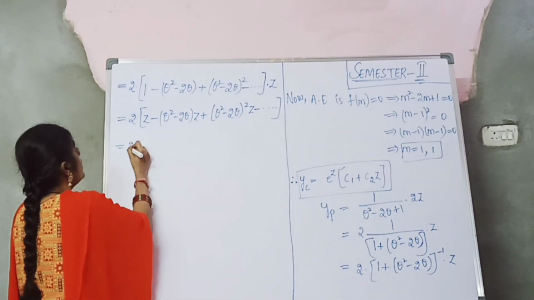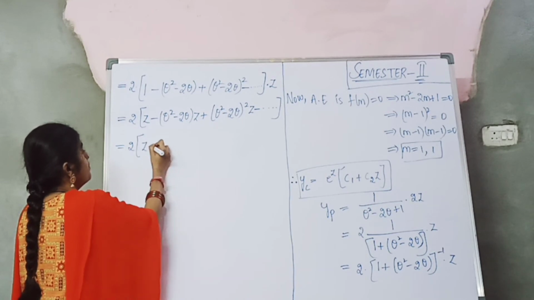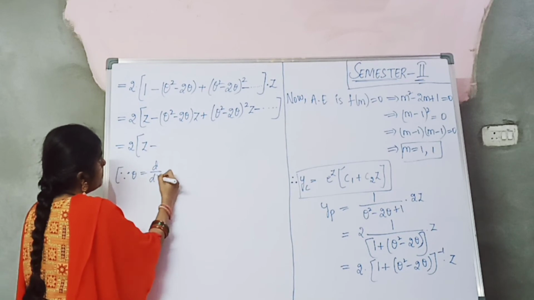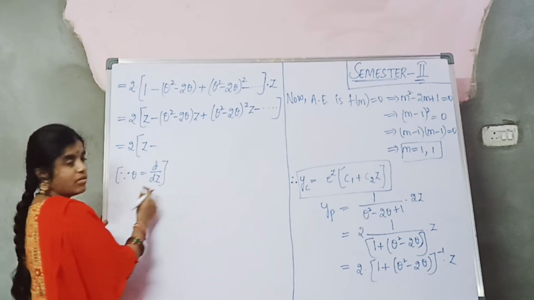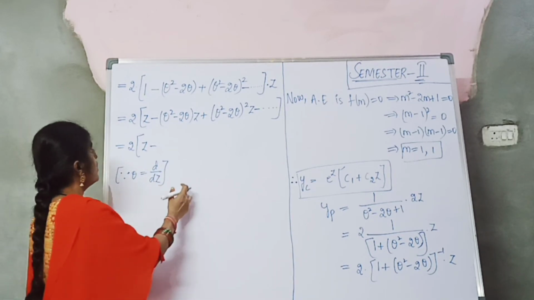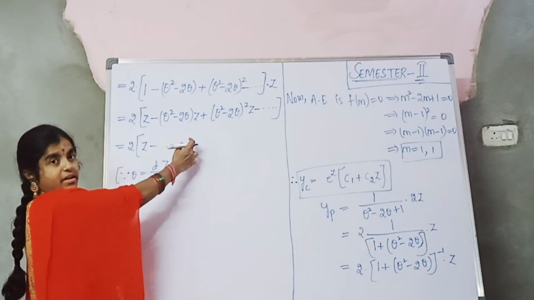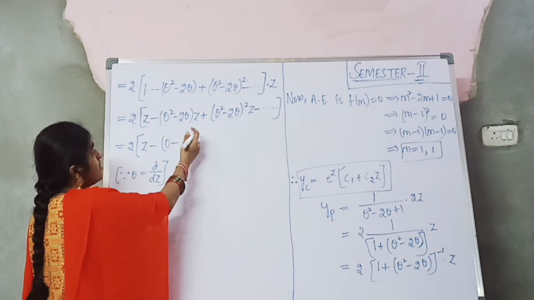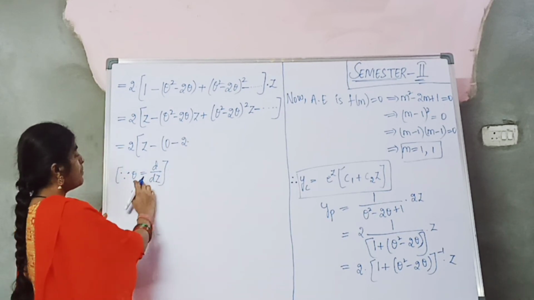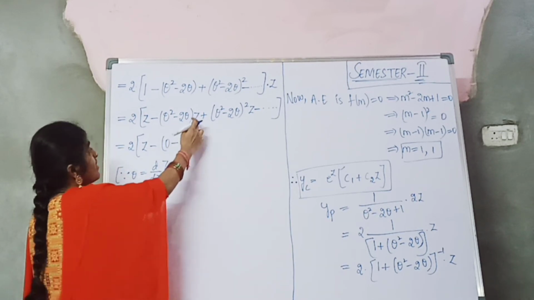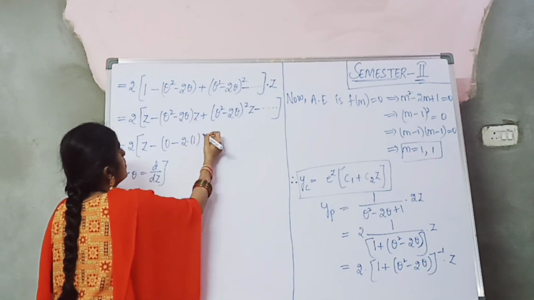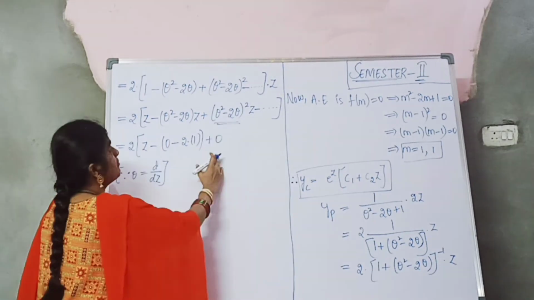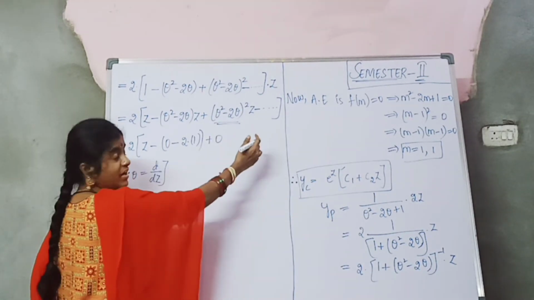Which equals 2 into z minus, since here θ = d/dz, the double differentiation of z is 0, minus 2 into θ, that is d/dz of z, which is 1, so 0 − 2 into 1, plus, after differentiating the whole part with respect to z, we get 0.